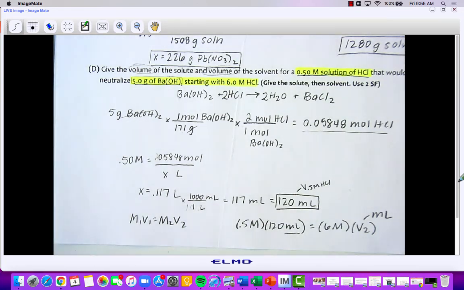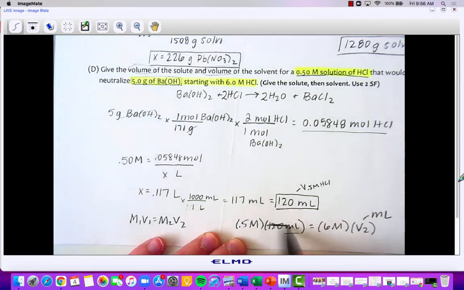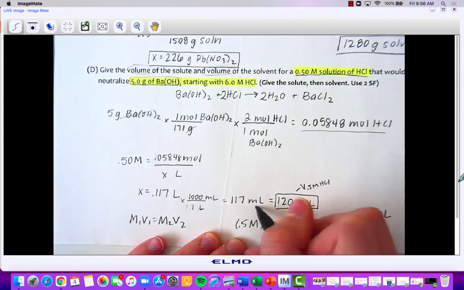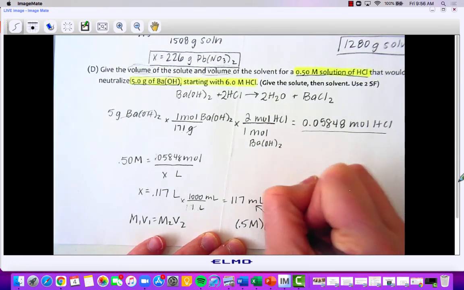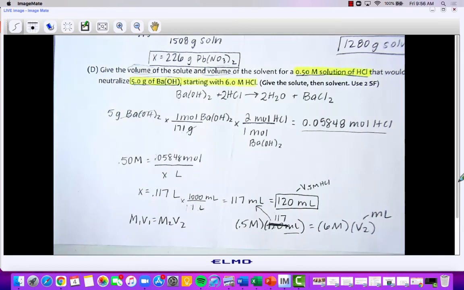Now when you do 0.5 times 120 divided by 6, you get 10. That's only 1 sig fig, which means instead of using 120, I need to use 117. I need to use my unrounded value.